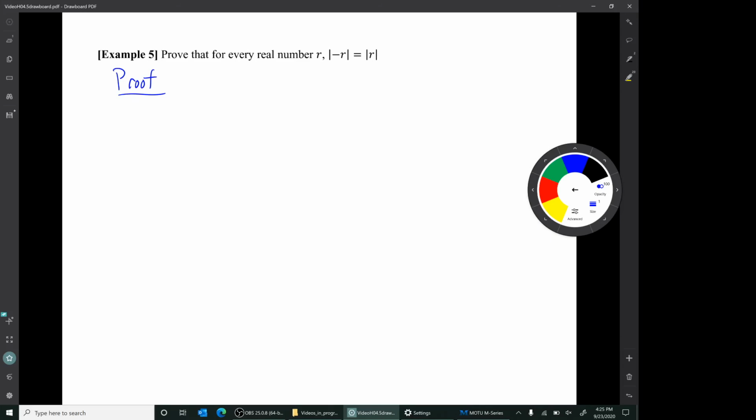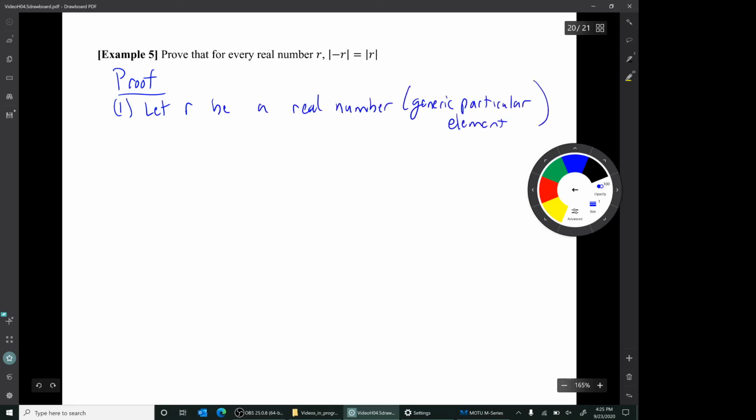So we just have to say, let r be a real number. And we know how this is going to have to end. Proof is going to have to end that way. Now, what can we say about r? Well, we're doing the proof by division into cases, so we need to come up with some kind of or statement.